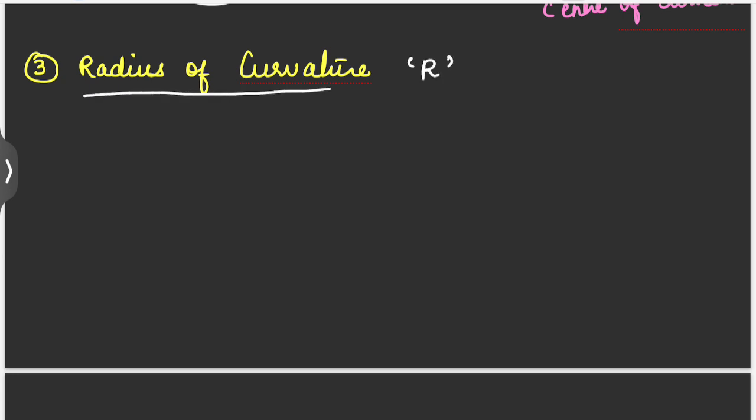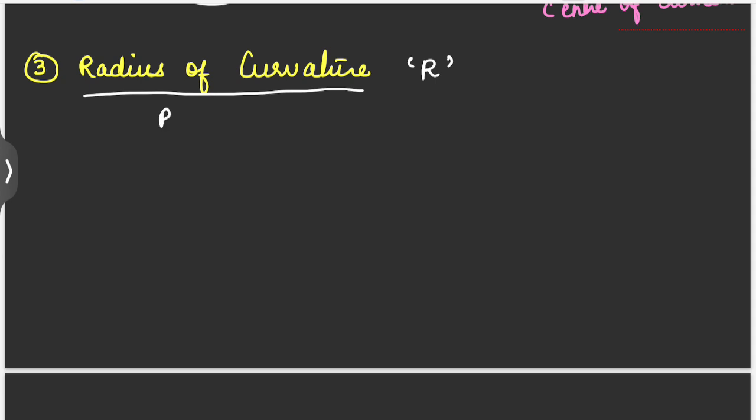So the next component we will see. Third component, radius of curvature. Radius of curvature is represented by capital R. So what is this radius of curvature? Let us see the definition.